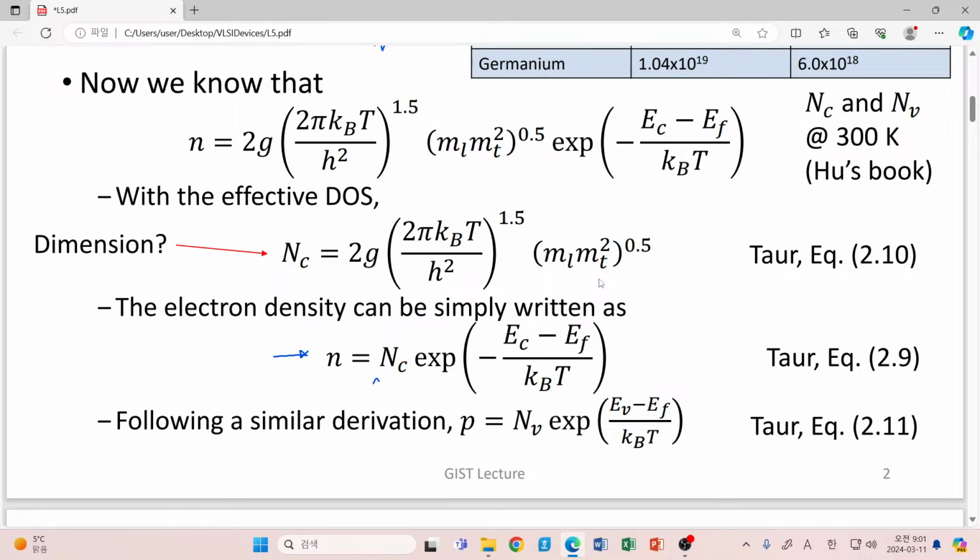So here we have the effective density of states, and this is an approximate form of our distribution function.